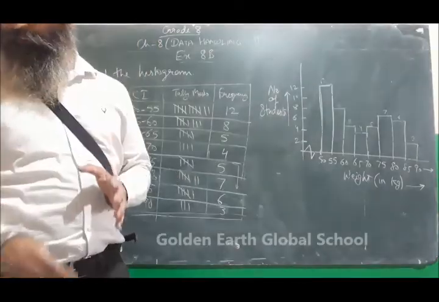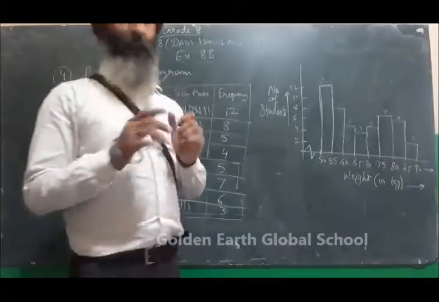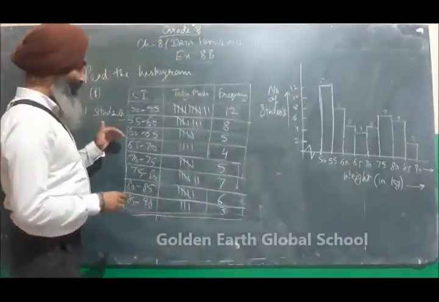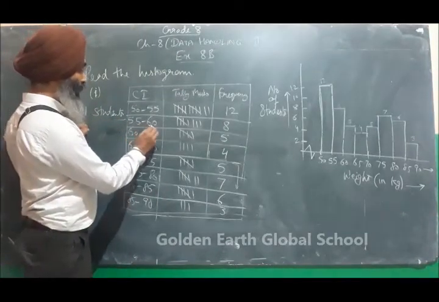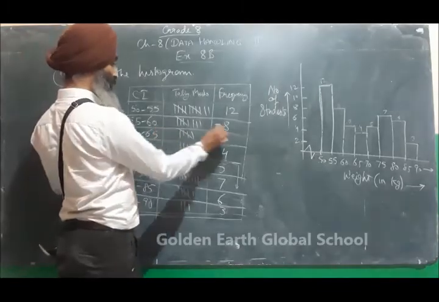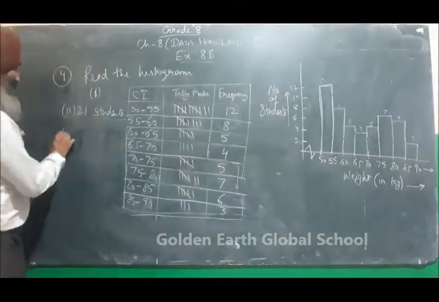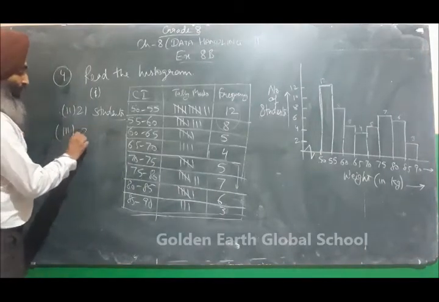The next question is how many students weigh less than 60 kg? Less than 60 kg means you will not count the 60, only less than 60. So you will count these two, 12 plus 8. So less than 60 there are 20 students.